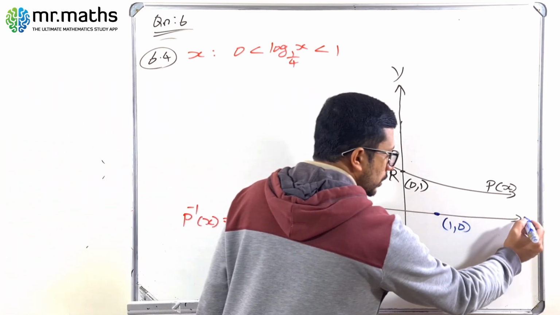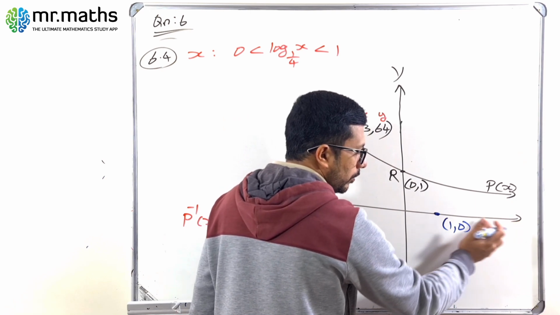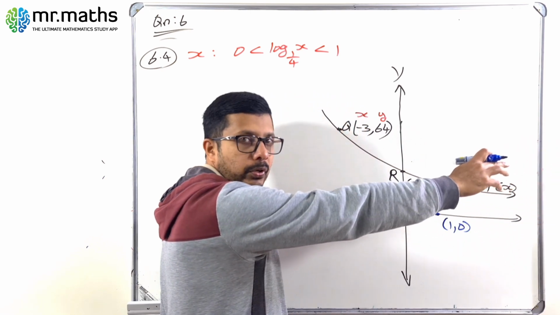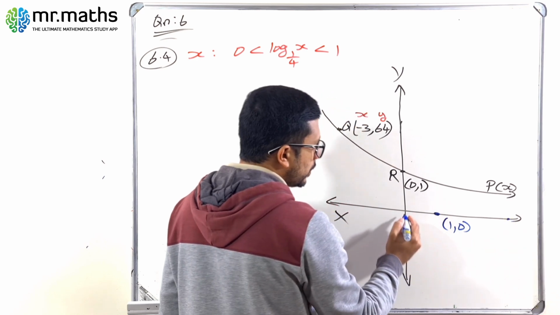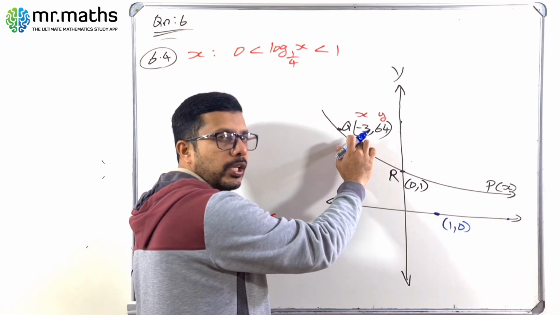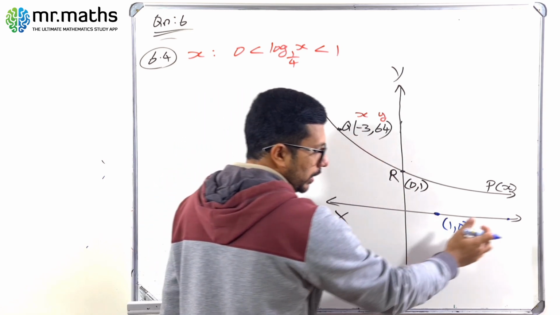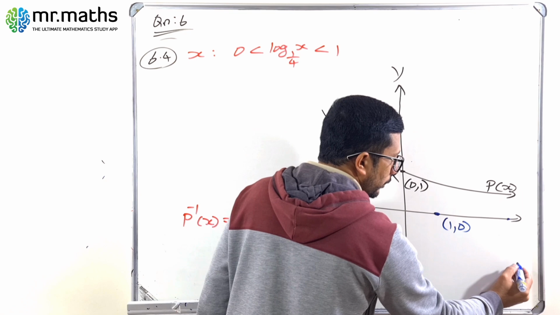The x value 64 is somewhere there. You can just assume that it is somewhere here, very far. We can't draw that one on the board. So x is 64, y is minus 1, minus 2, minus 3, somewhere here.